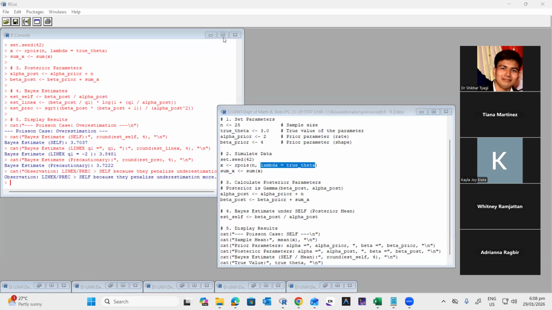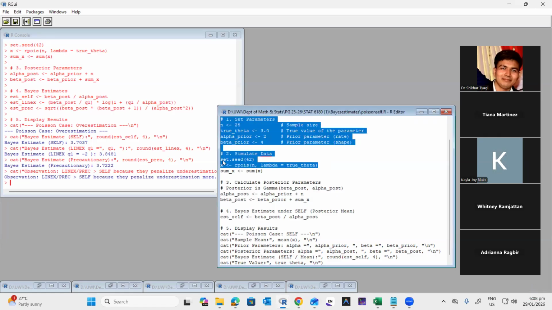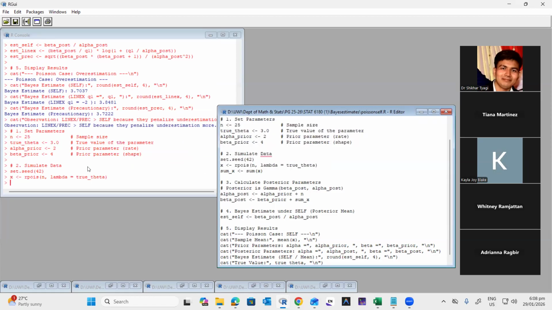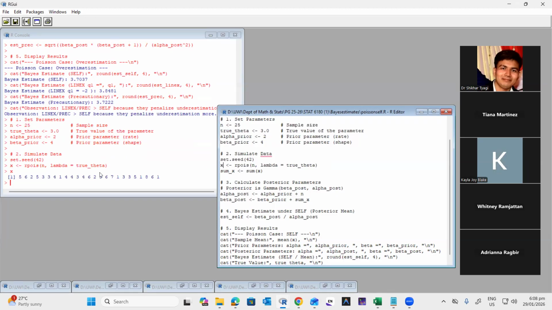Okay. Now we generate the random sample from the Poisson distribution of size 25. This is our sample: 5, 6, 2, 5, 3, 3, and so on.